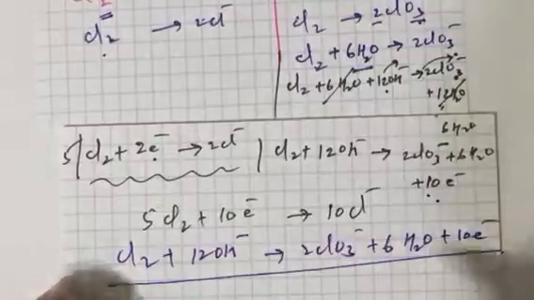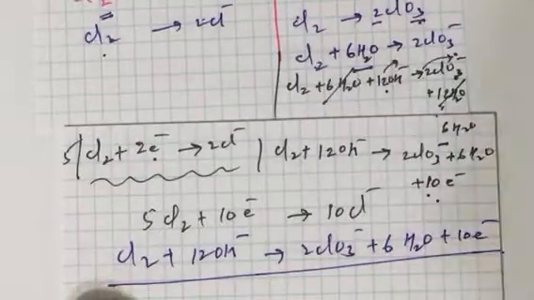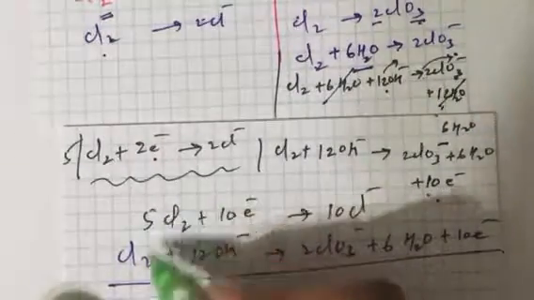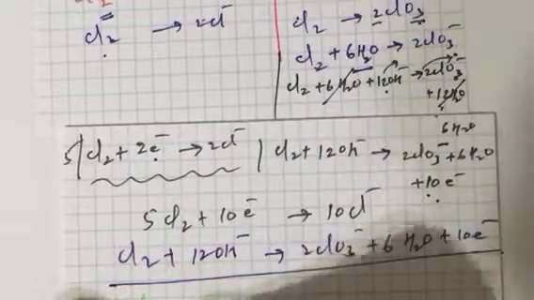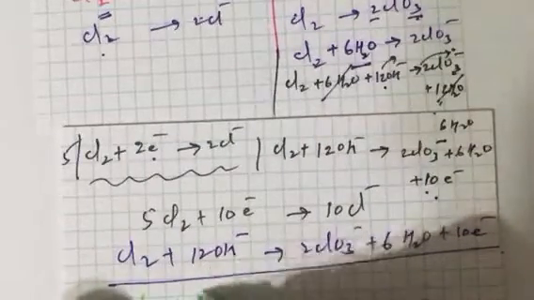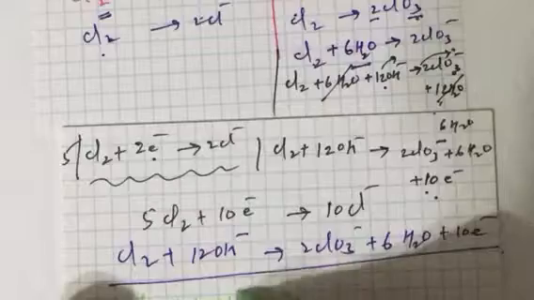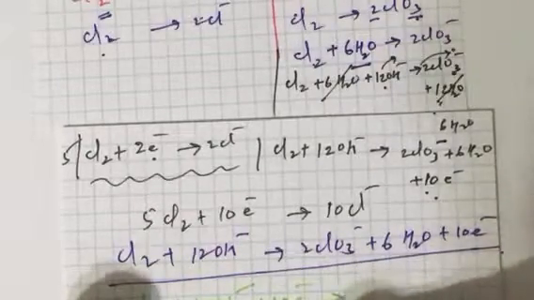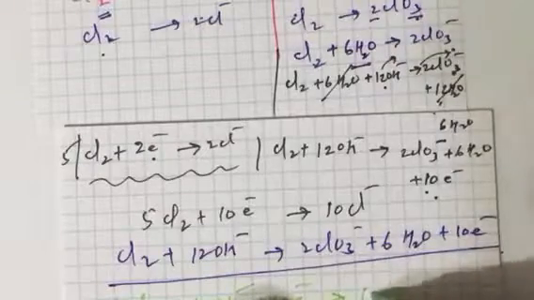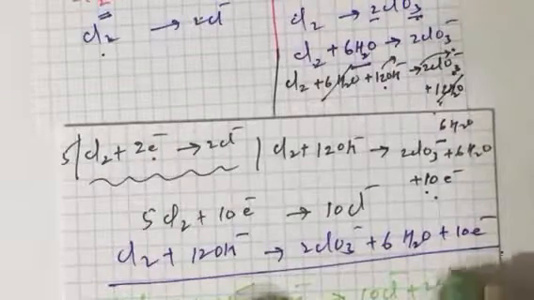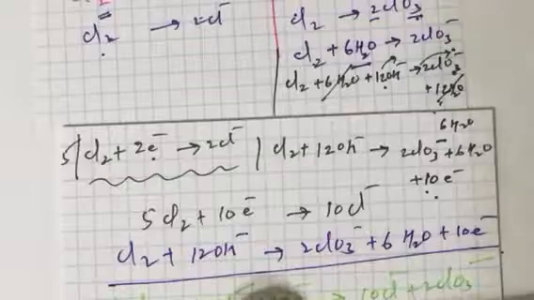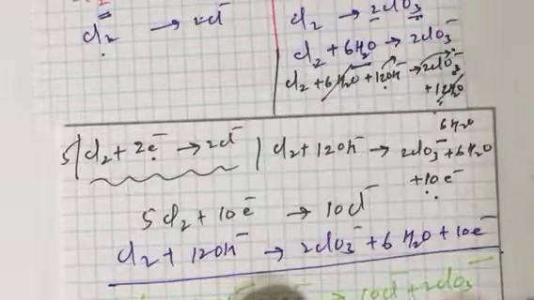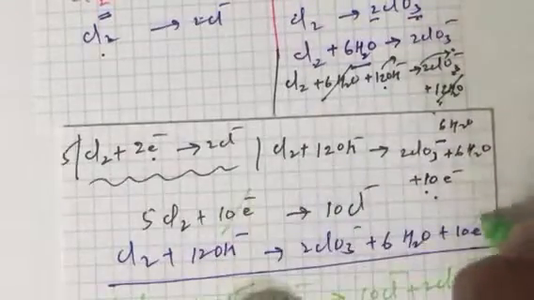And we add. If I add, I am getting 5 plus 1, 6 Cl2 plus 12 OH minus plus 10 electrons gives 10 Cl minus plus 2 ClO3 minus plus 6 H2O. These electrons are getting cancelled.